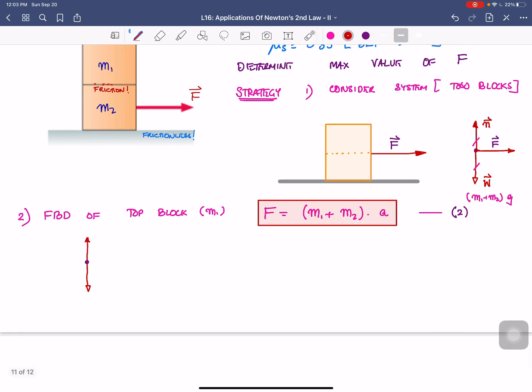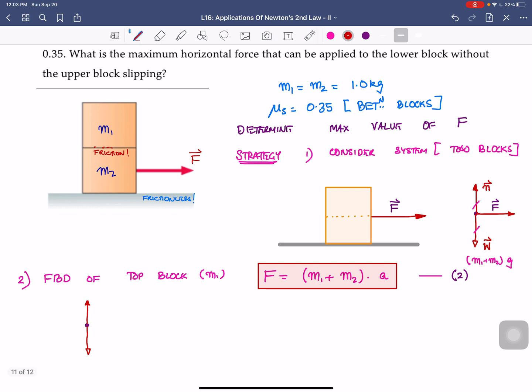And then, what is the force responsible for accelerating M1 to the right? One thing, it is not F. F is not acting on M1. The reason M1 goes for the ride with M2 is the force of static friction between these two surfaces.